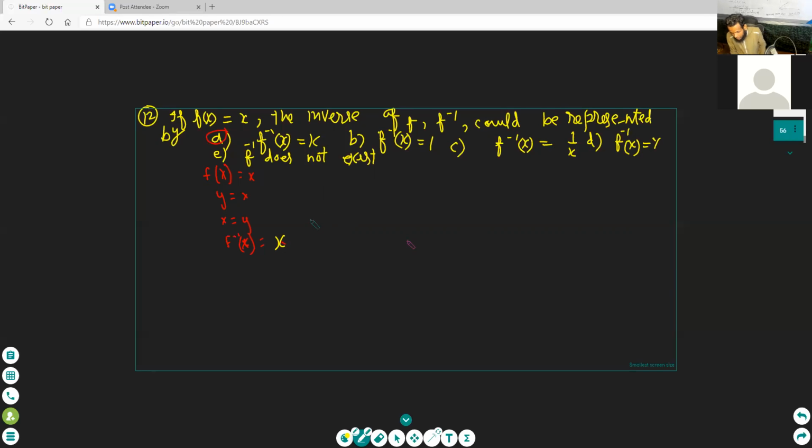Option A is good, because we replace here y is equal to x. Then after replacing y by x and x by y, we get the same. So both functions are correct, which means its inverse is the same. Inverse of f of x is also x. Okay, I write question 13.